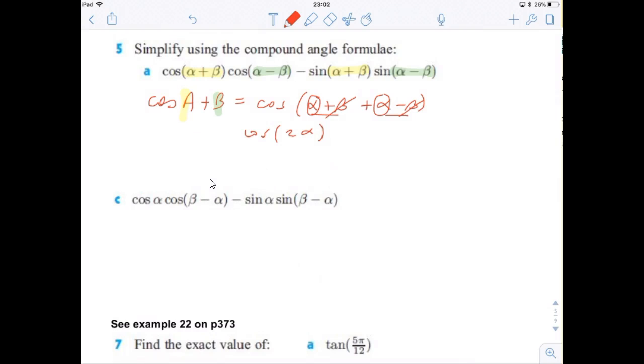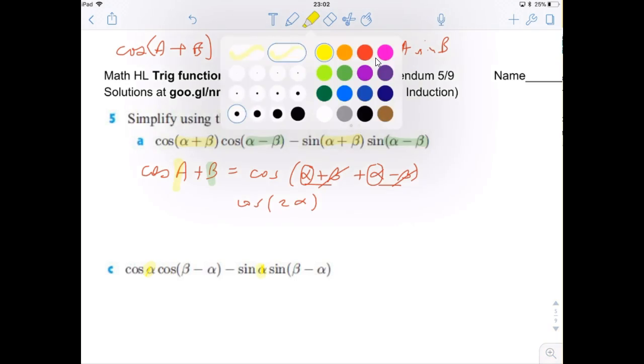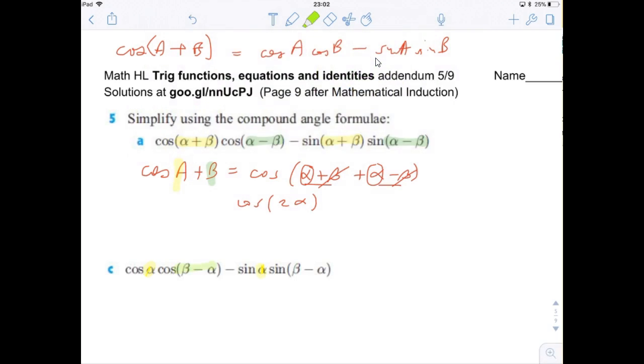C. In this case, we again have cosine, cosine minus sine, sine. So we're going to use, once again, this formula. And in this case, we have alpha as our A, and then we have beta minus alpha as our B, right?